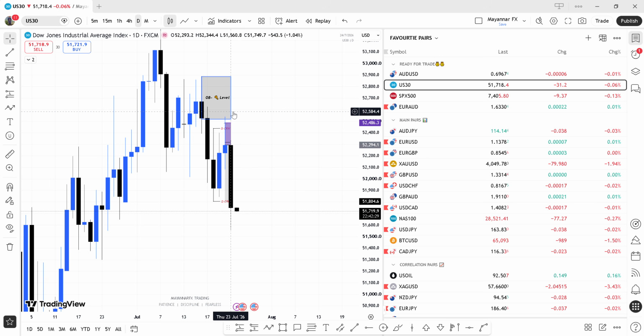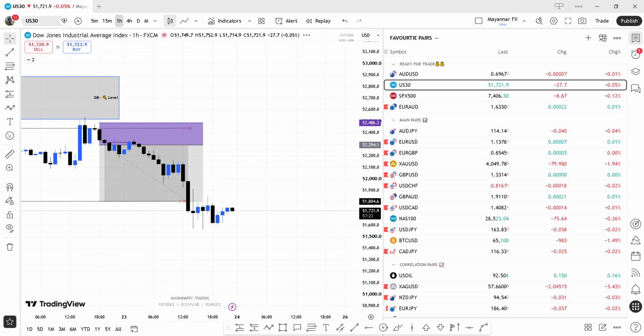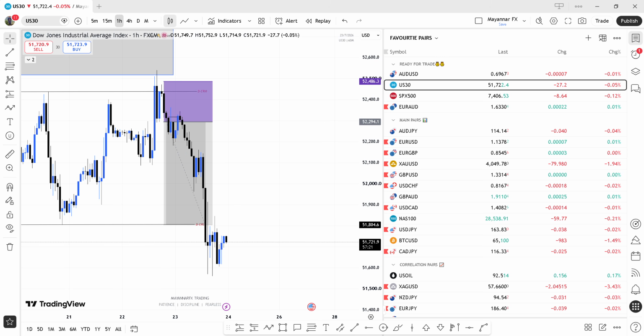So definitely we're bearish. I just moved to the 1 hour and looked at my model 1 entry. My model 1 was this candle here, so it was easy for me to mark it out. I just marked out this candle and entered the sell. So it was clean. It was a smooth ride.